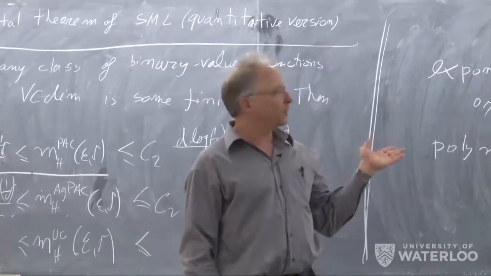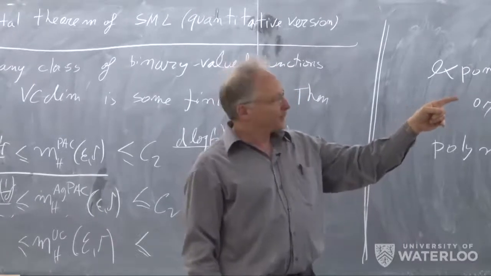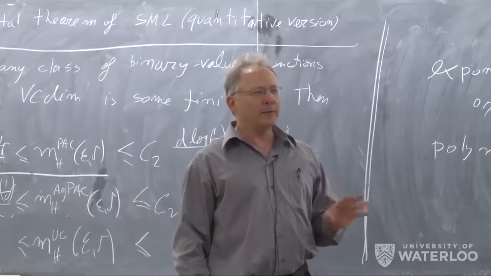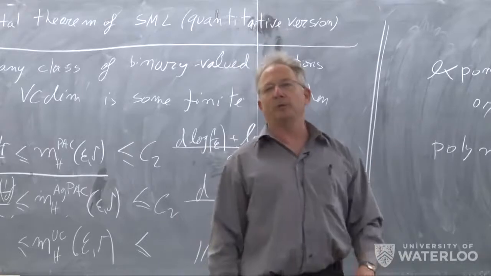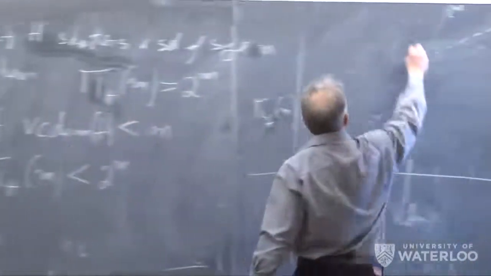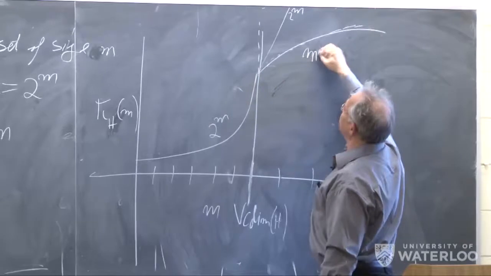I could make this comment at any time, because the shatter function is maybe one of the very few, if not the only example, in which this is really a dichotomy. Turns out the shatter function is exponential up to d, but from here on, it becomes just m to the d.